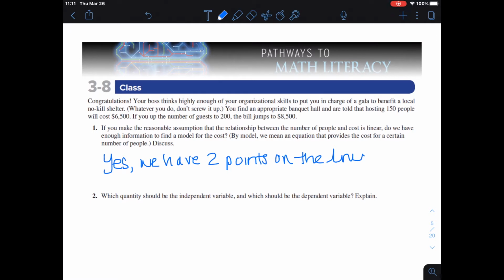In this particular instance, you want to think, does the number of people depend on the cost, or does the cost depend on the number of people? And it's going to be that second instance because it's a fixed amount per head. Once you know how many guests are going to attend, that's going to tell us what the cost is for our event. So an increase in guests makes the cost change.